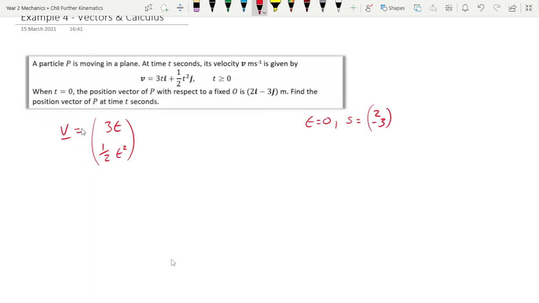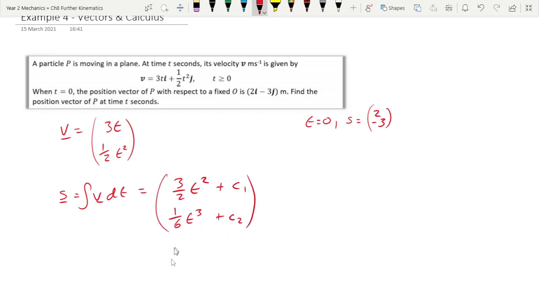So we've got to go from velocity to position. So I'm going to integrate it. Okay. So I'm going to integrate my velocity vector with respect to time. So this will become 3 over 2 t squared, and then 1 over 6 t cubed. And now I need to do plus c. Remember I said before, these can be different constants. Now to find these constants, I can use this coordinate here.